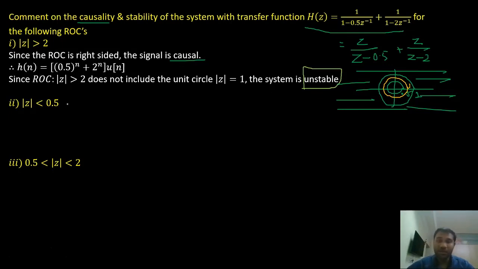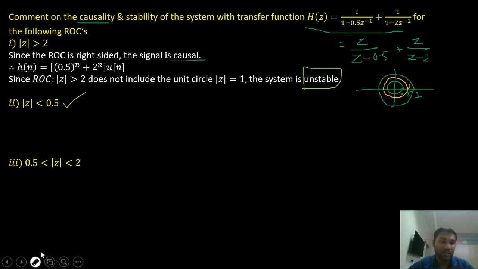Similarly, we'll consider the other ROC, mod z less than 0.5. When mod z is less than 0.5, where will the ROC exist? The ROC exists inside the inner circle. It's not going outside the inner circle.